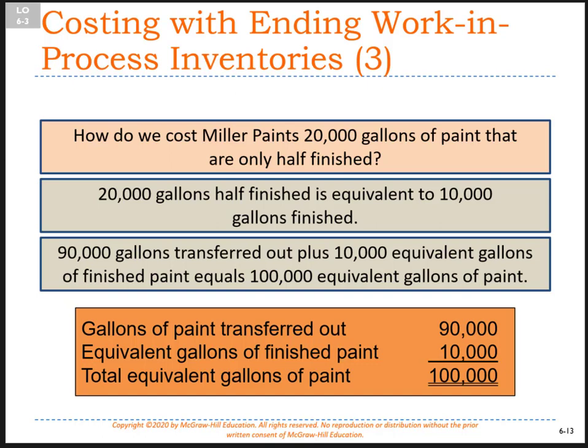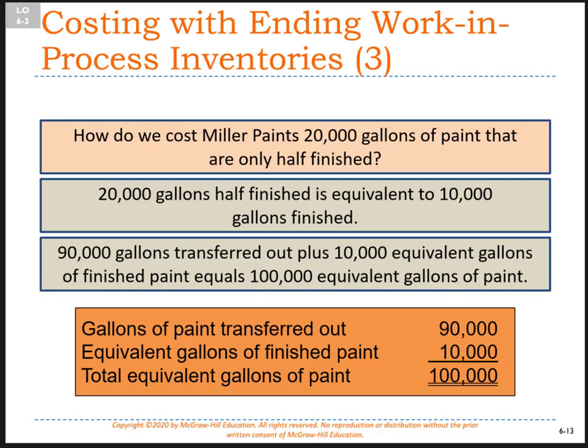So that's the idea of equivalent units. That's going to come back multiple times over the next chapters, as we add to the complexity of it. But this is a very simple example that says, if we want to put that 20,000 gallons on the same page as the ones that are completed, we simply adjust it to equivalent units.